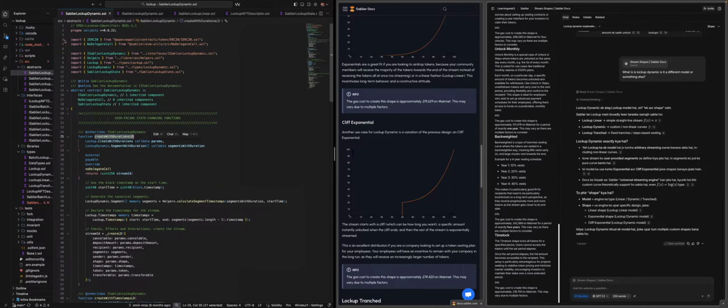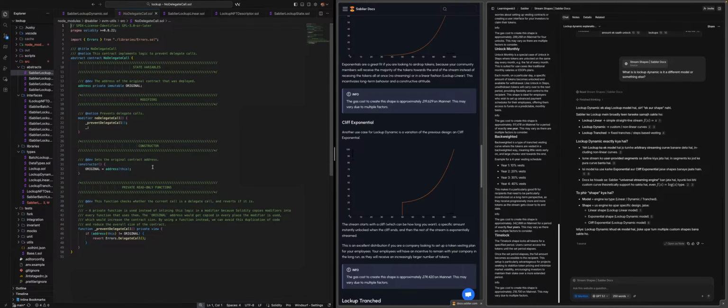Before that we are importing IRC20 no delegate call. What does it do? It has no delegate call, prevent delegate calls. Does it prevent if the address this does not equal the original? And how do we set original here?